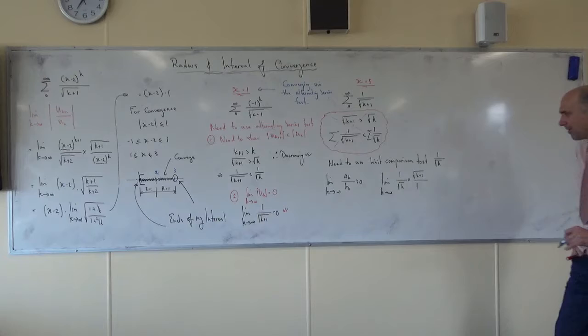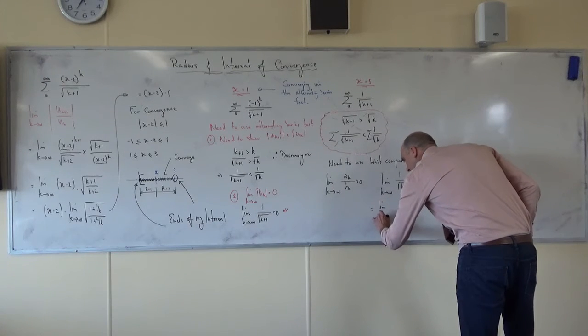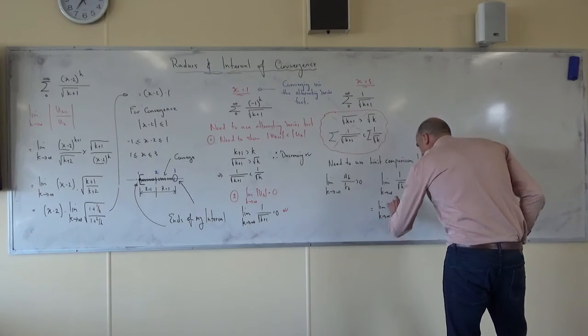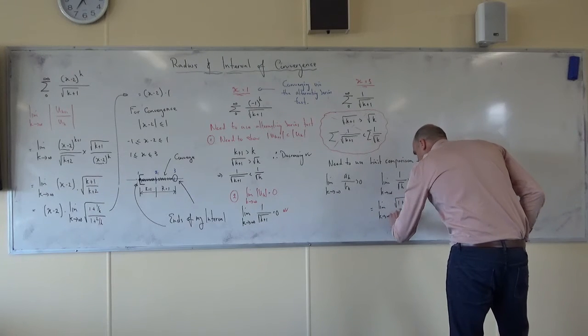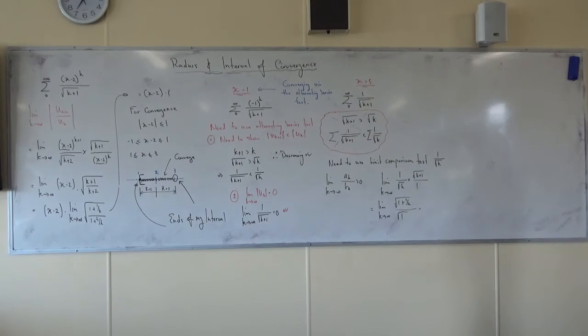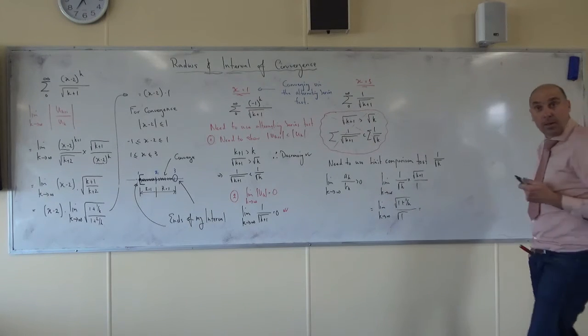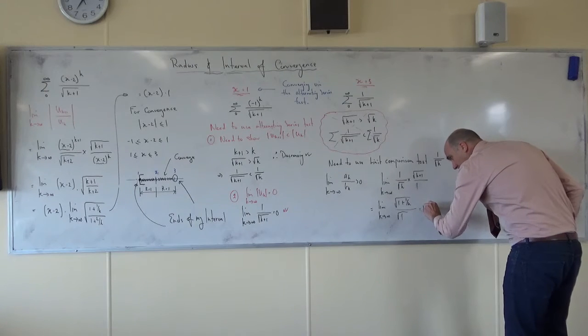We've already sort of done that limit, haven't we? That's equal to the limit as k approaches infinity of 1 divided by the square root of 1 plus 1 on k. I've just divided by the square root of k straightforward there. What do we get? The limit equals 1, and 1 of course is greater than 0.